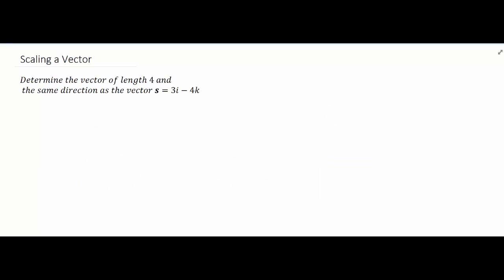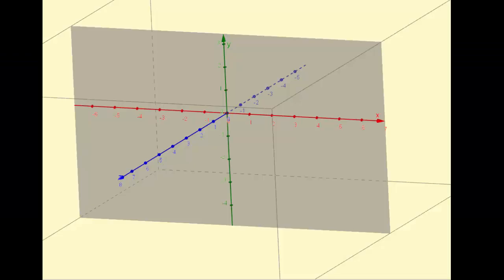In this problem, we need to determine the vector of length 4 that has the same direction as the vector s equaling 3i minus 4k. Looking at this in three-dimensional space, notice that along with the 3i and 4k there's a 0 component for the j. Here we have the vector s.